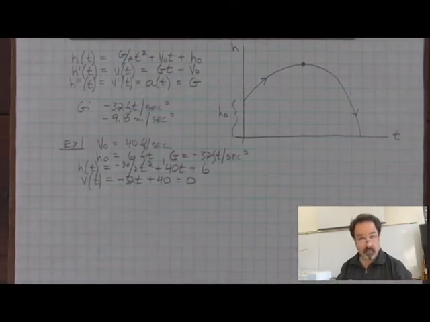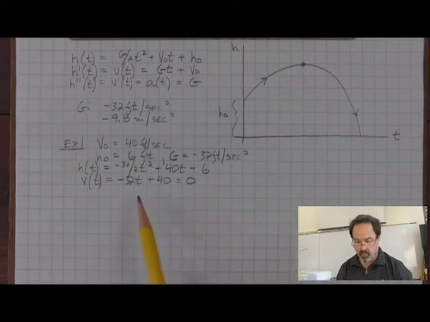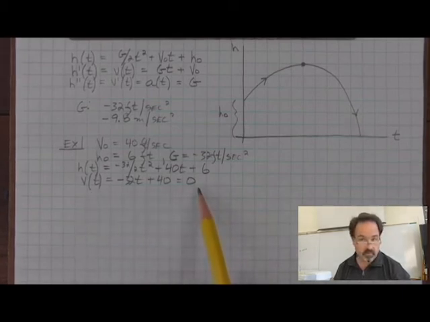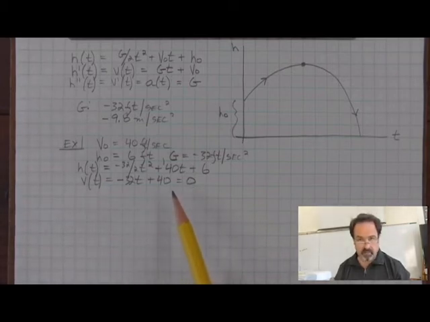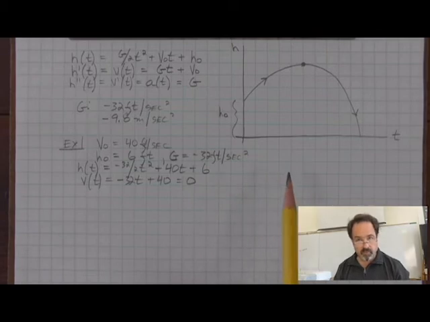Now think about the context in the real world of what it means to set a velocity equal to 0. Velocity is the derivative of height. So in a first derivative test, where height's derivative is 0, I might be able to justify a maximum. But if this is also velocity, it's the moment at which the velocity of the ball becomes 0 and is not moving.